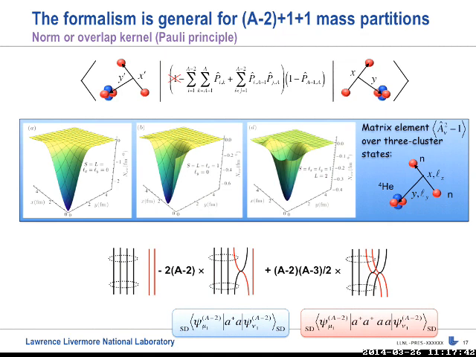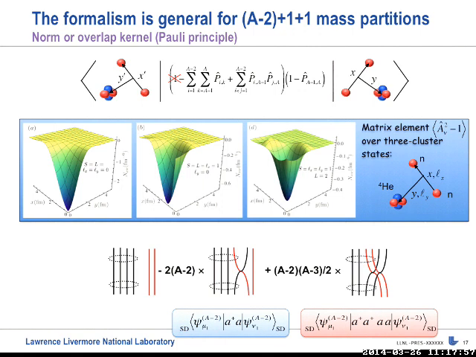Okay. Now, how do these things look? So the interesting part is to look at the exchange part of the norm kernel, which, let's say, gives information about the Pauli principle.